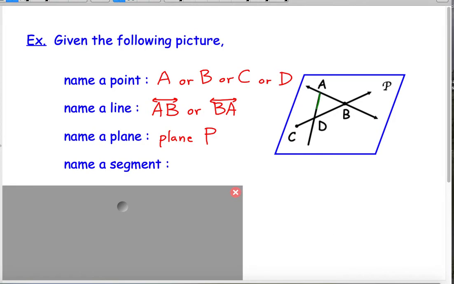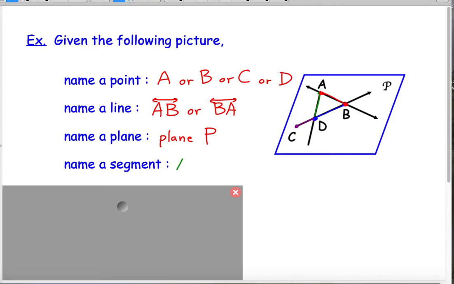But I could go from here to here because I have a point D and a point A. So that's a segment. I could also use this one from C to D, that's a segment. I could go from D to B, there's a segment. I could also go from A to B. So we have a lot of choices here. So you just have to list one of them.